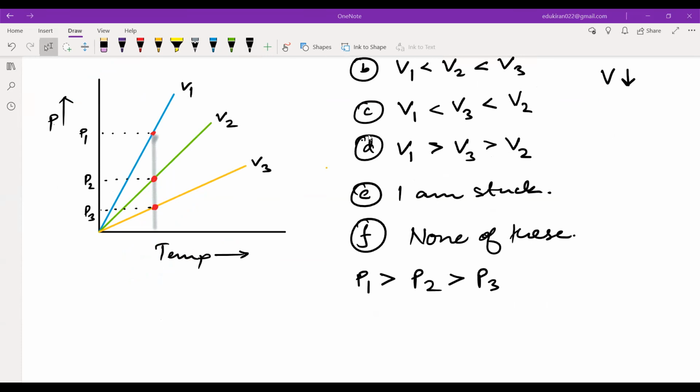In V1, V2 and V3, which will have the lowest volume? V1 will have the lowest, and after that? Thank you very much. Is this clear now? Yes, Abdul Wahid?